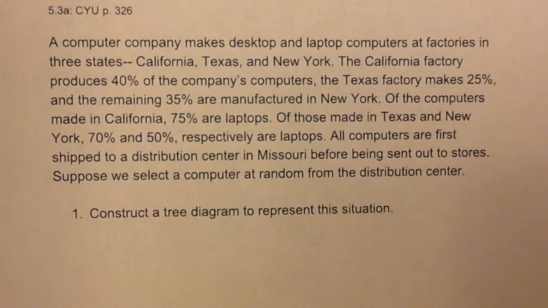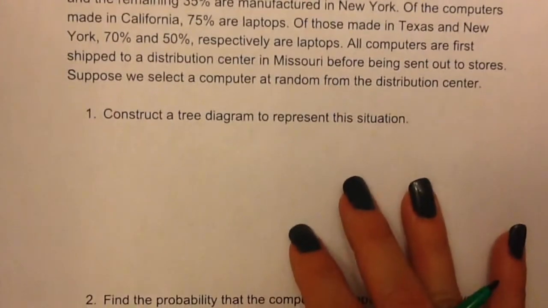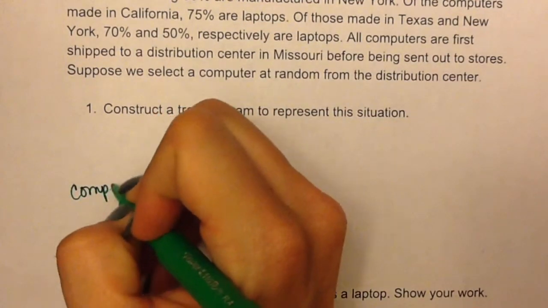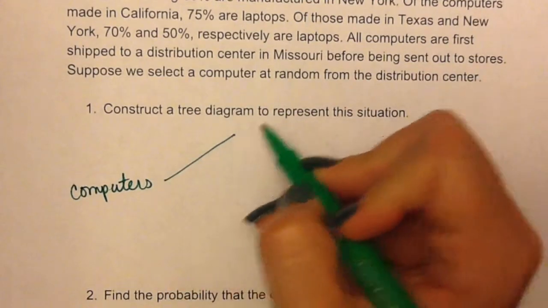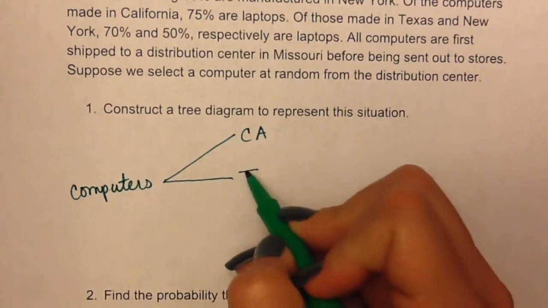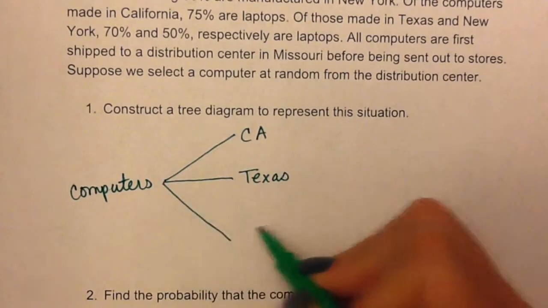We're going to first look at the fact that we have our computers to begin with. Then we're going to take those computers and split them based on whether it's a California computer, a Texas computer, or a New York computer.